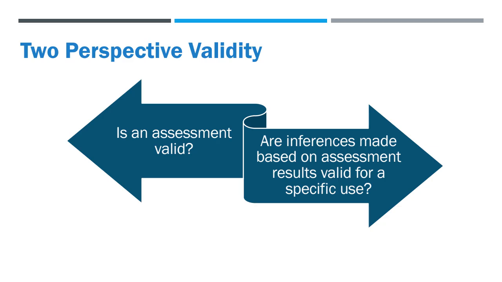It asks whether the interpretations, decisions, and consequences, in brackets, inferences, we are making based on assessment results are justified for the intended purpose. In other words, the first one is asking, is this tool valid? And the second one is asking, are our decisions defensible?